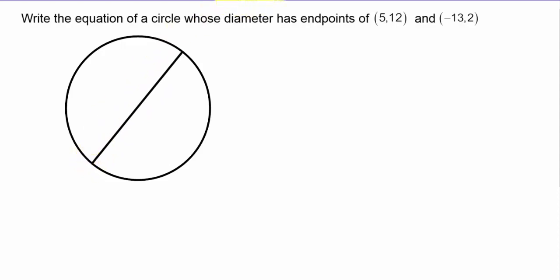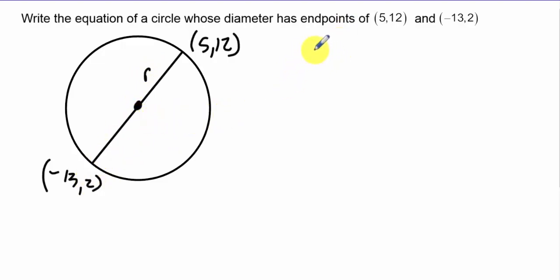All right, where we know that, let's say this is 5, 12, and this is negative 13 and 2. And we have to write the equation, which means we're going to have to find that midpoint first. Well, the midpoint of this diameter will help us get the radius, right?